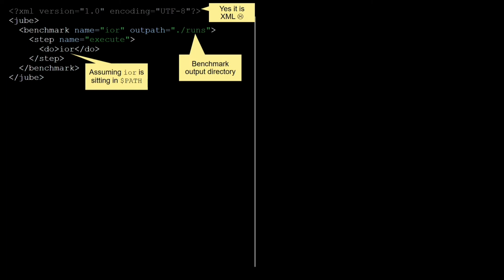And within this step, we can run as many shell commands we like. So here we just call IOR without any parameterization. Of course, we expect in this case that IOR is somehow reachable and is sitting within the path variable. Once this setup is in place, we are already done with the JUBE integration for this very basic approach.